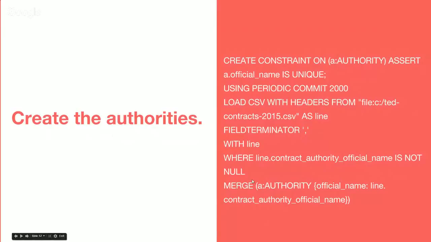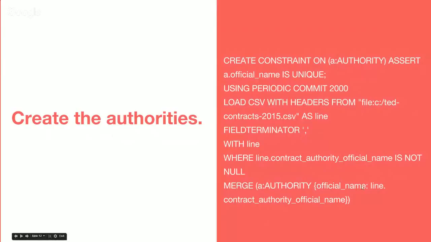When all this preliminary work is done, we can actually create the authorities. To do that, it's very simple. It's MERGE (a:Authority), so that creates a node which has the Authority label, and we set a few key properties.